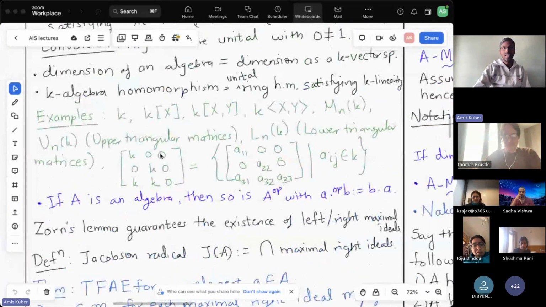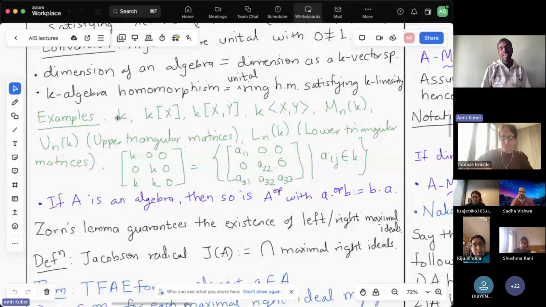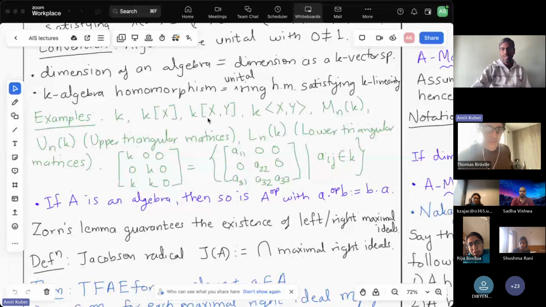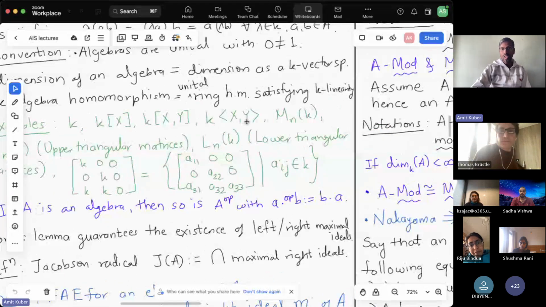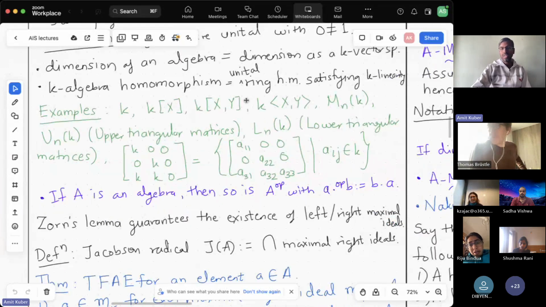So we saw that the algebra K can be thought of as the path algebra of the single vertex quiver. Then K[x] is with the loop quiver. Then K<x,y>, the non-commuting polynomial ring in two non-commuting variables, that is with two loops, and the upper triangular matrices and lower triangular matrices with some orientations of A_n.